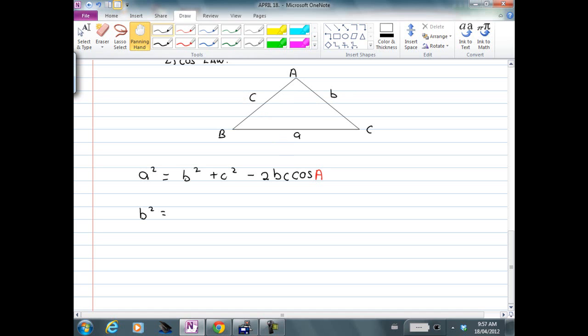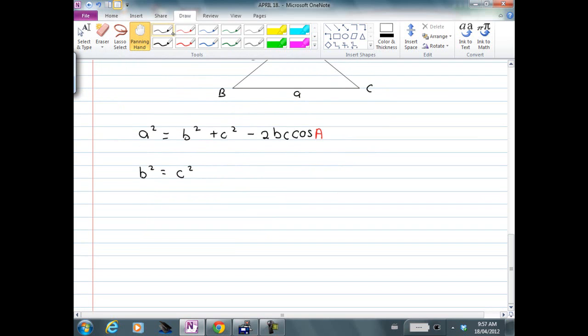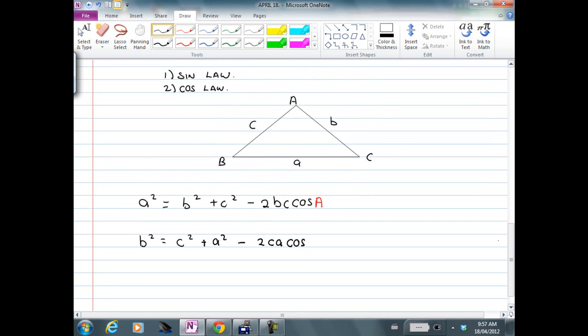Equals to C squared plus. Guys and gals, finish this for me, please. I'm looking for B squared, so I'm using the last two sides. A squared minus 2CA cos.